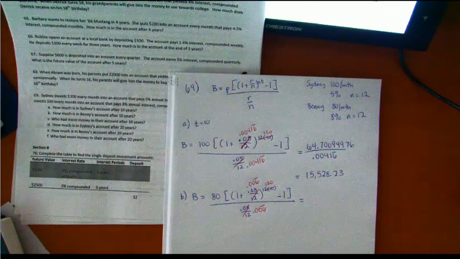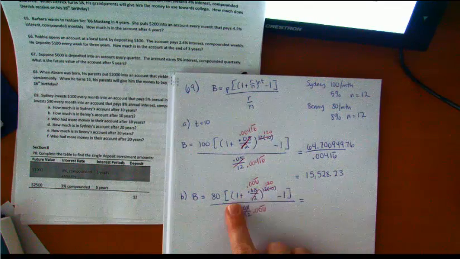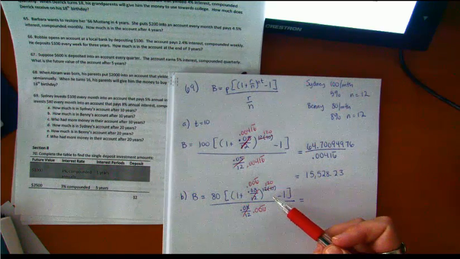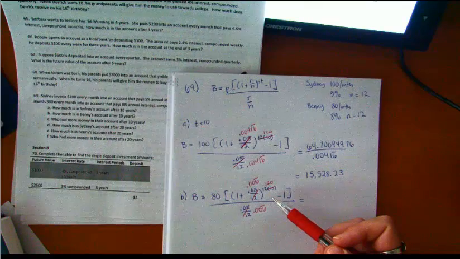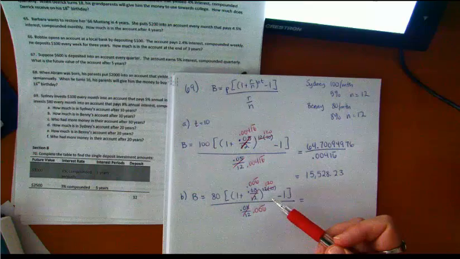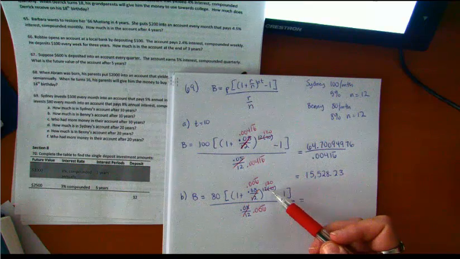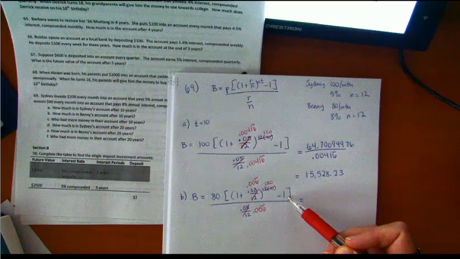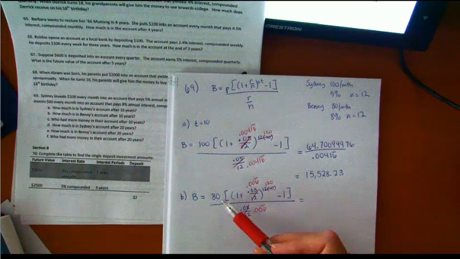So add 1 to my decimal. Oops, I subtracted 1. Hold on. Helps if you hit the right buttons. So add 1, raise it to the power of 120, subtract 1 from it, and then multiply it by 80.